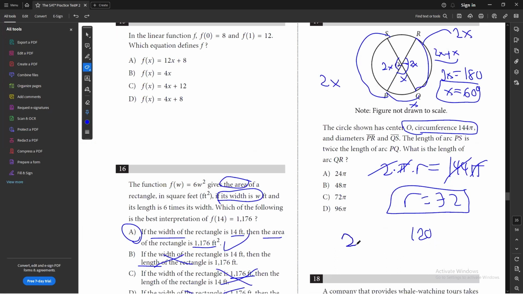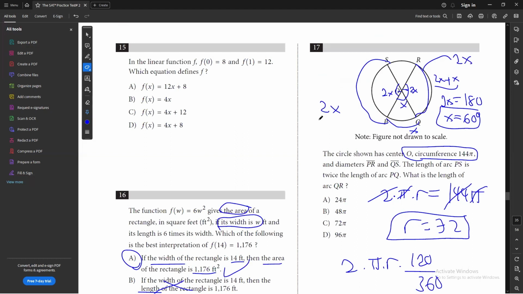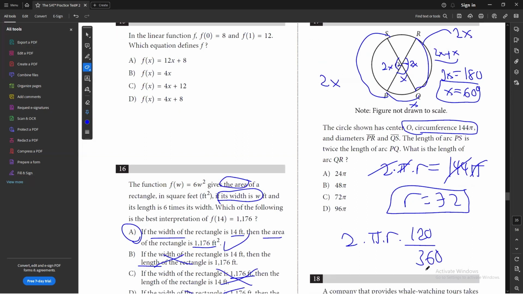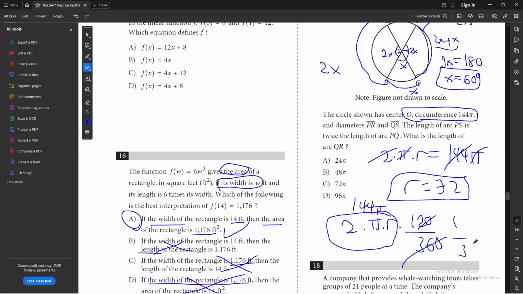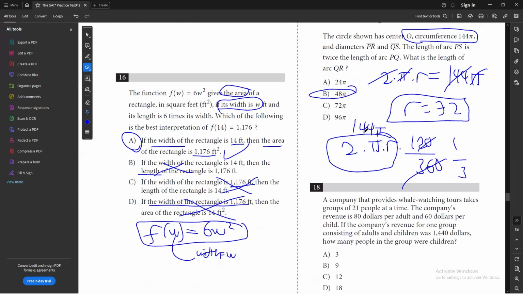So we're just going to do 2 times pi times r times 120 divided by 360, which is the complete circle's degrees. So this ends up being 1/3, and 2 pi r, which is our circle's circumference, is already 144 pi, divided by 3, and you end up with 48 pi.